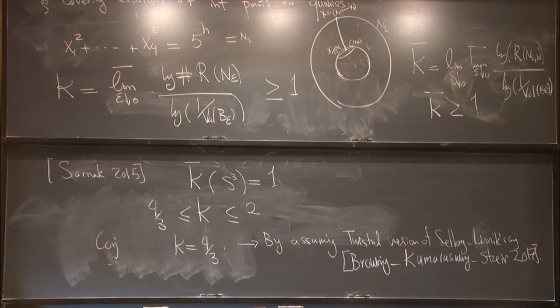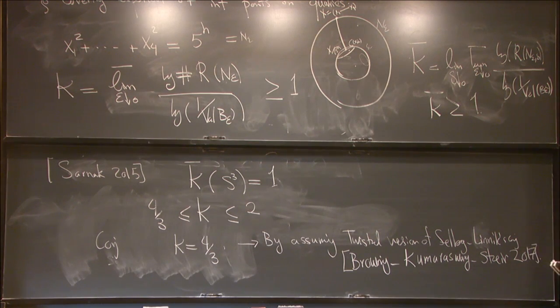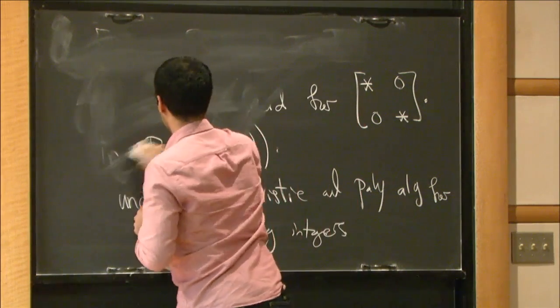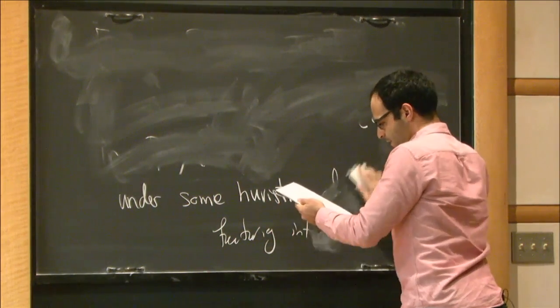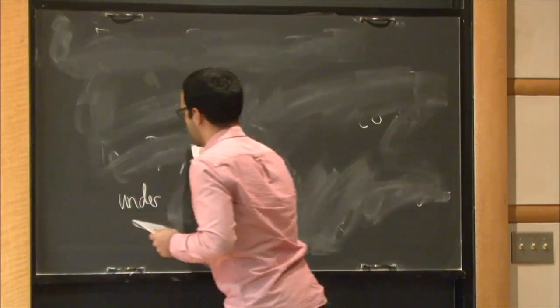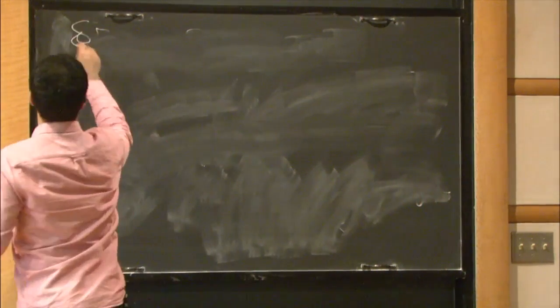So I want to tell you how Sarnak proved these results. There is a set of dual points to the integral points on the sphere, which are the eigenvalues of some Hecke operators. So I'm going to talk about the dual picture, the dual points to these integral points, which are the eigenvalues.